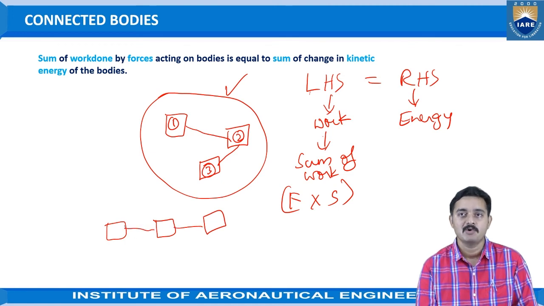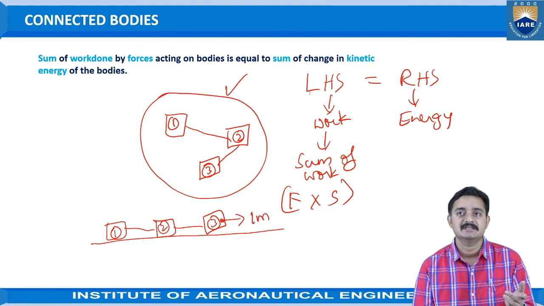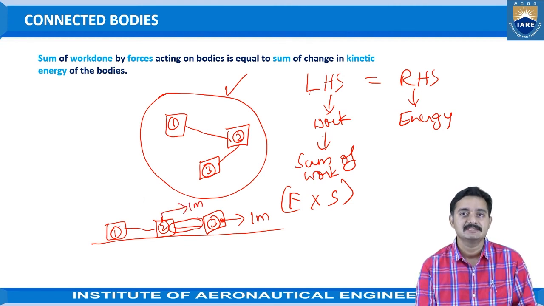Let us say this object moves 1 meter, then as this is a connected system, the second object will also move 1 meter, and similarly the first object will also move 1 meter.